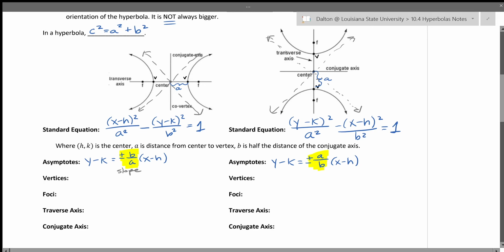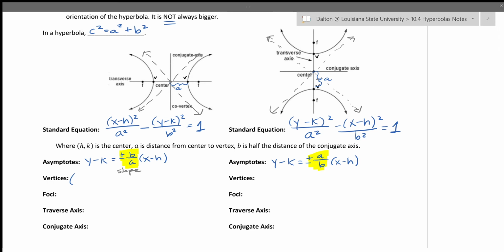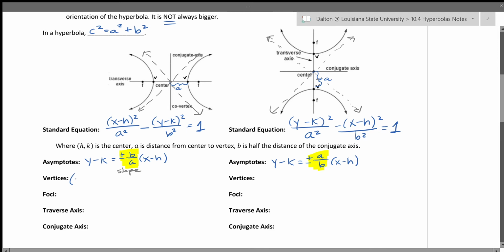Vertices for a horizontal hyperbola. Again, your vertices and your foci will always start at the center point and then they will extend further. So since this one is horizontal, we're going to be adding on to the x-coordinates. So you start at your center (h, k), but to h we're going to be adding and subtracting a, and then leave k alone.